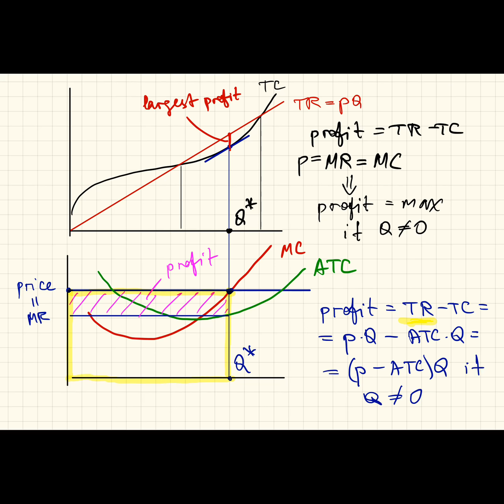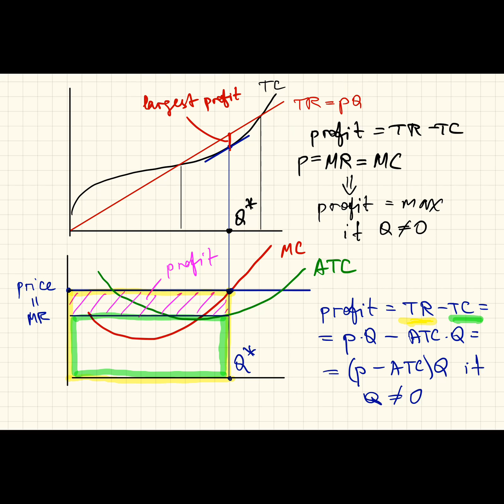Where is our total cost? Well, it's ATC, which is this, right? We just got it from here, times Q. So this area is telling us what total cost is.